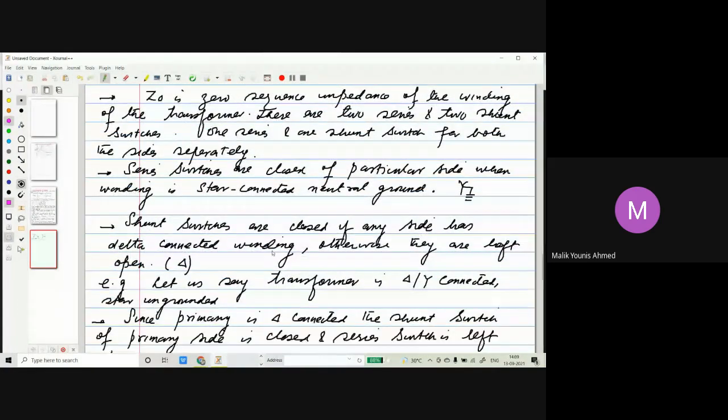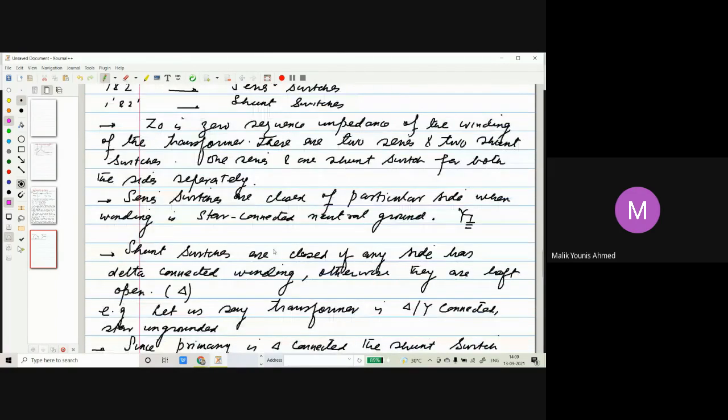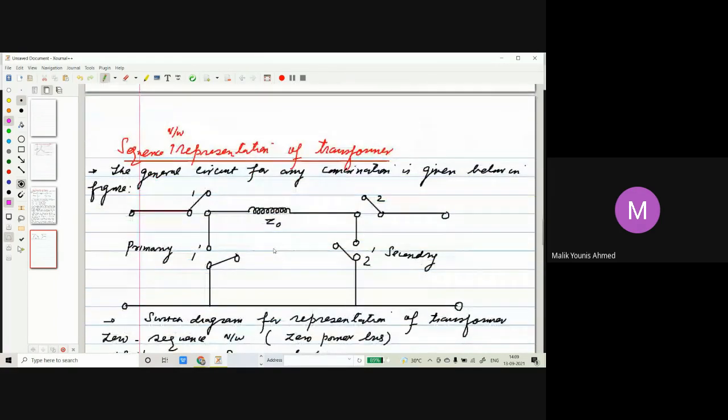Two things you have to remember. Series switches will close when the winding is star connected, neutral grounded, and shunt switches are closed when the winding is delta connected. So now we have a delta connected. So this switch will be left open. This will be left open. Now this will be closed like this. So primary winding is finished.